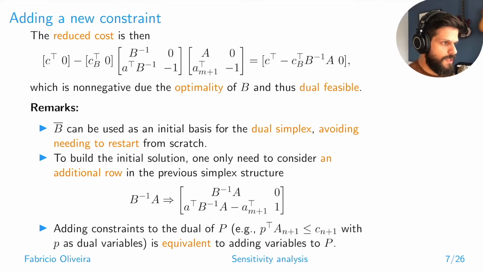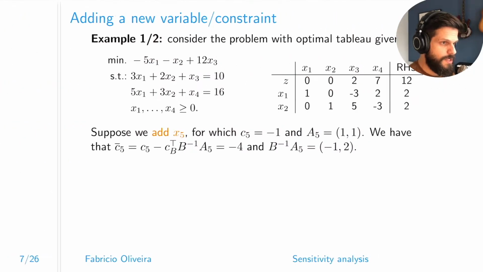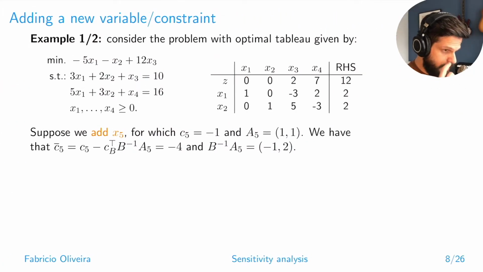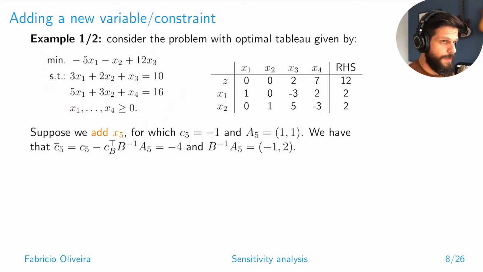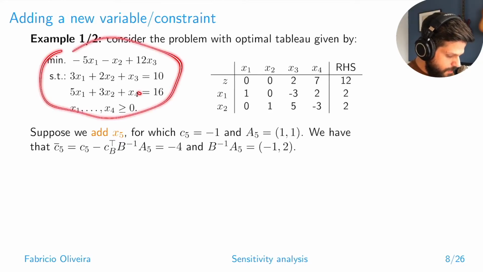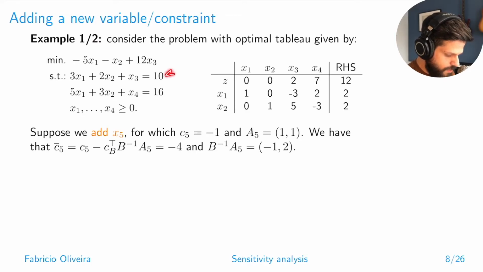So here is a numerical example explaining what's going on. First, we're going to use the same problem throughout all the transformations we do. So it's this minimization problem with these two slack variables. It was originally like so, and then we added slack variables with positive coefficients.